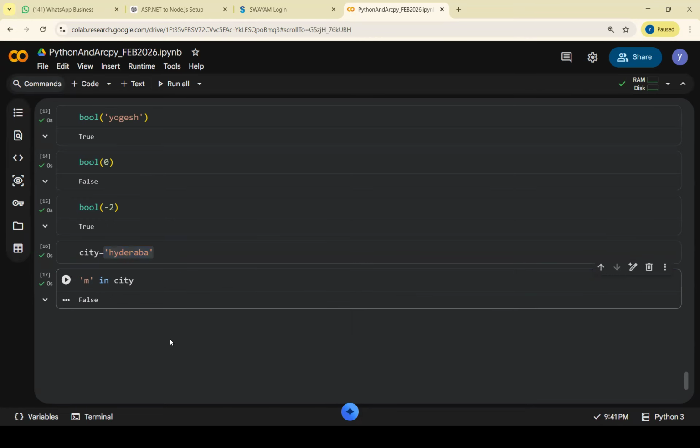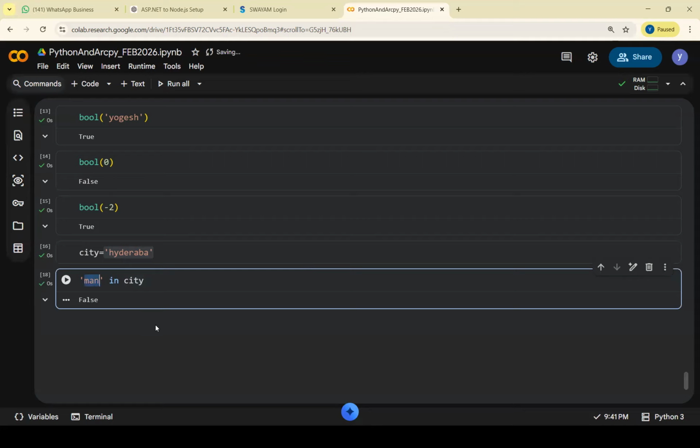So if I run this, it will give me the answer false. Why? Because M is not a member of city. You can check one character, two characters, three characters, four characters. Like if you want to check MAN, is man part of city or not? It gives the answer false. This is not part of city.